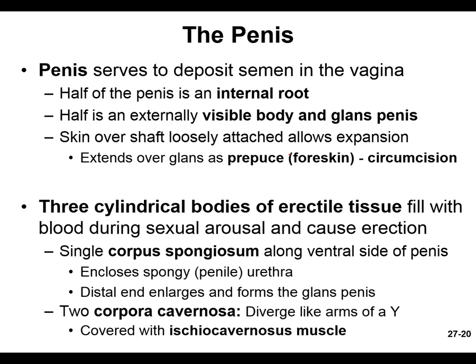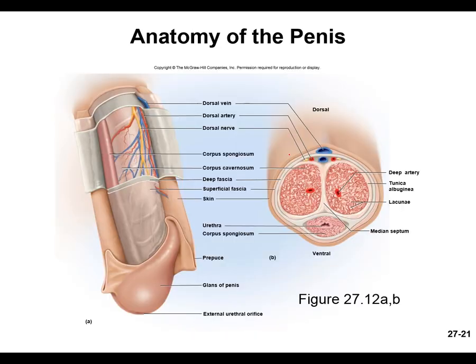Okay, so when we're looking at the penis, there are some major components to it. So we have three cylinders that are filled with blood vessels. And this is the erectile tissue. It fills with blood when someone's sexually aroused, and this is what causes the erection.